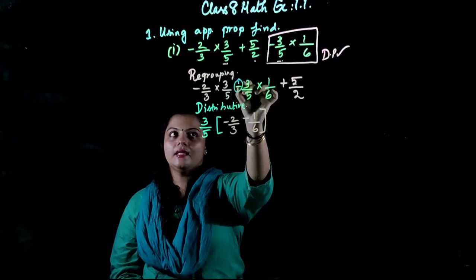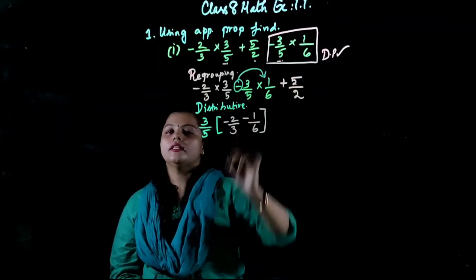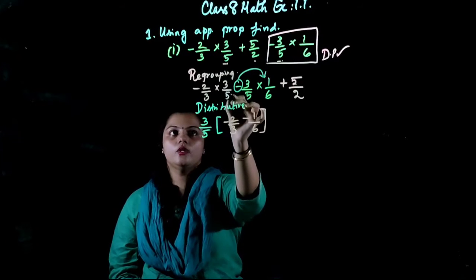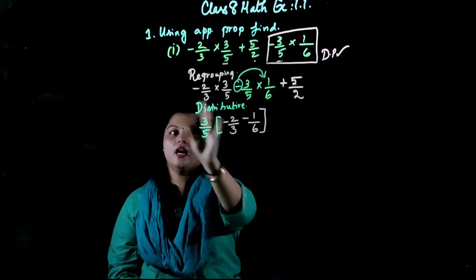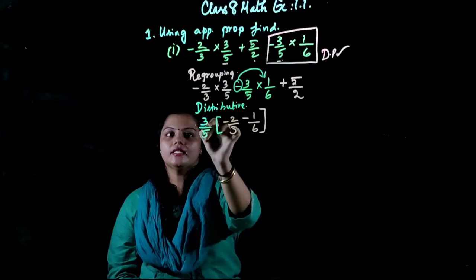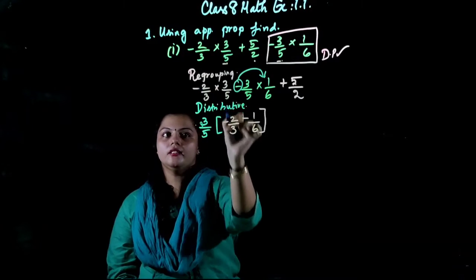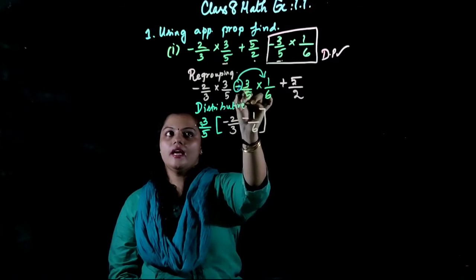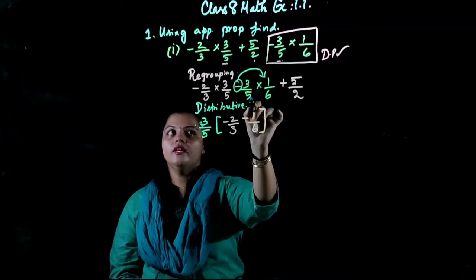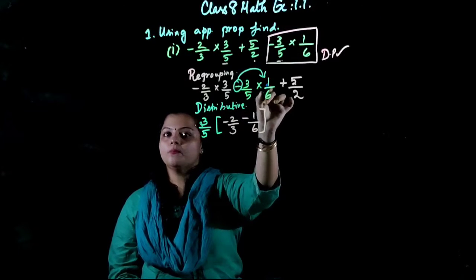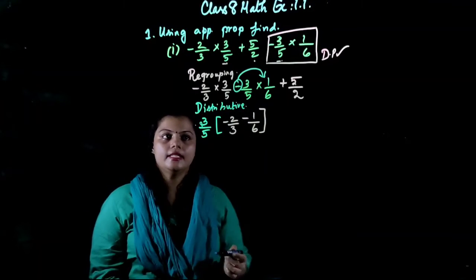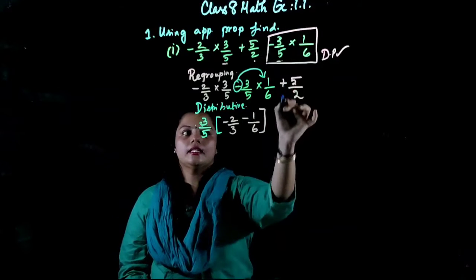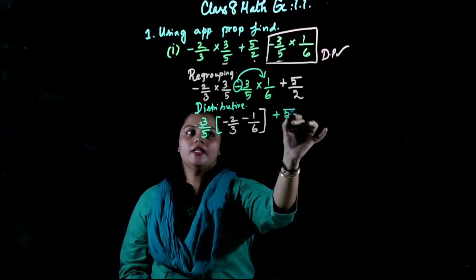This minus sign I am giving to this 1 by 6 so that I could take this positive 3 by 5 outside. This 3 by 5 is taken as common. The remaining term is minus 2 by 3, and this 1 by 6, because we have a negative sign to 3 by 5, I am giving the negative sign to its partner, which is nothing but 1 by 6. Now this is done. Remaining is plus 5 by 2.